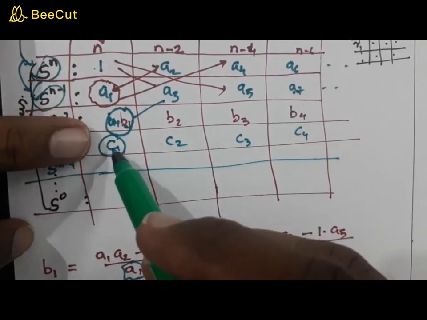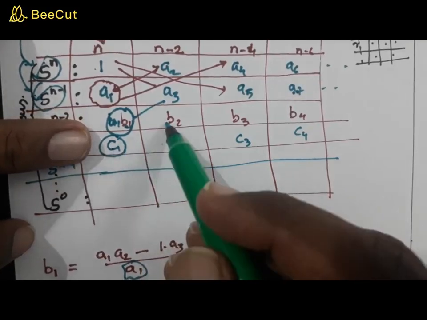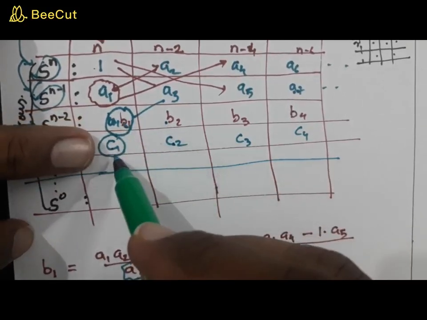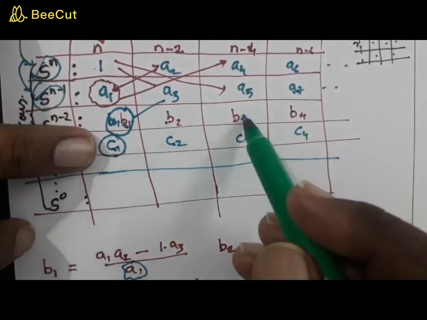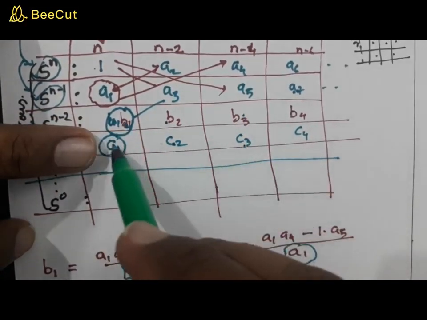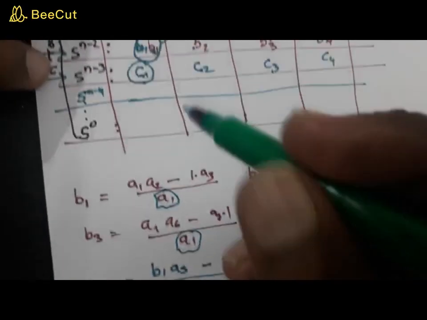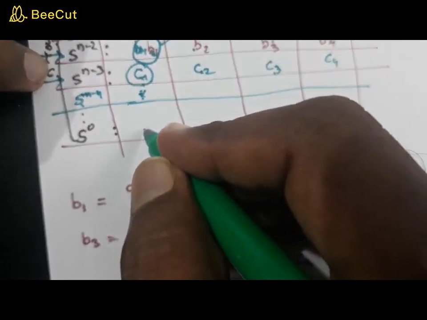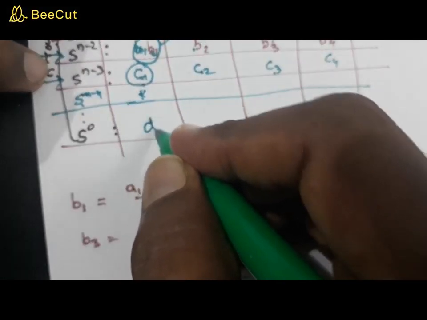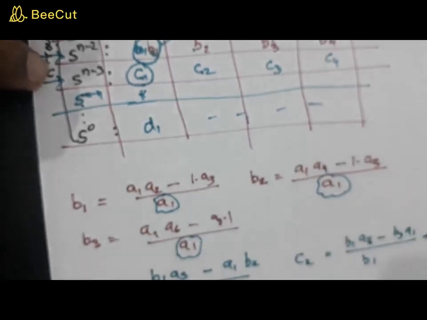That will be c1 into b2 minus b1 into c2, by c1. The next term will be c1 into b3 minus b1 into c3, by c1, and it goes on like that. You have evaluated this, and finally you have arrived at, say, some d1. All these are immaterial.